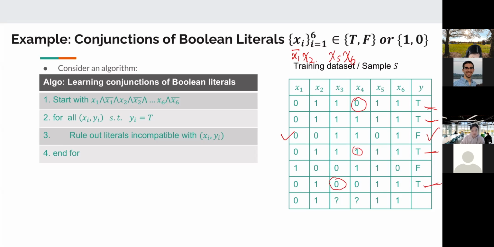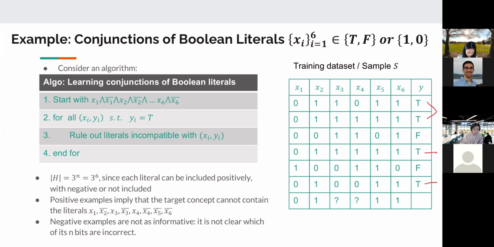What about this one? Is this compatible with what we are getting here? x1 is positive, so it's going to be negative. It's also compatible, right? So this is what we are getting after running the algorithm on these 6 examples. Agree? Am I making a mistake here?